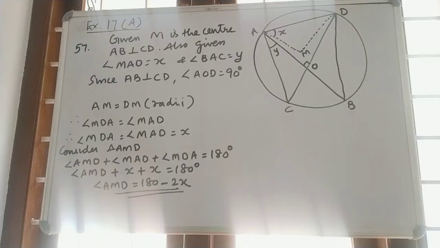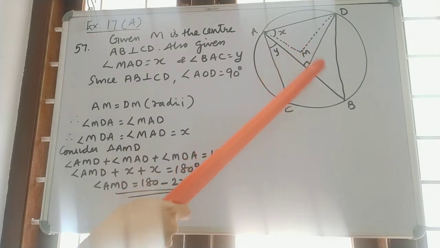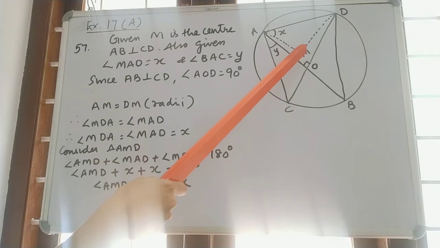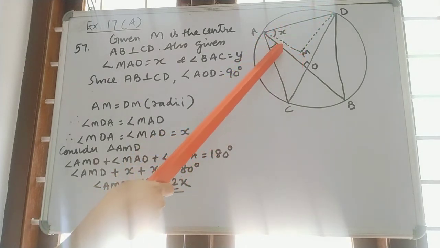If angle MAD is equal to X and angle BAC is equal to Y, first, express angle AMD in terms of X. Second, express angle ABD in terms of Y. Third, prove that X is equal to Y. Given M is the center, AB is perpendicular to CD, also given MAD as X and BAC as Y.